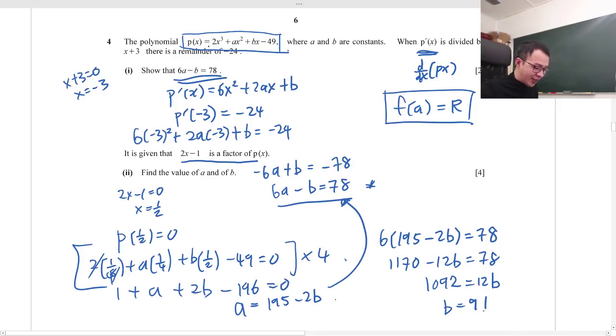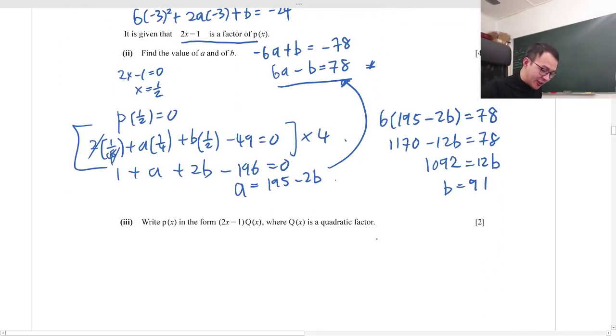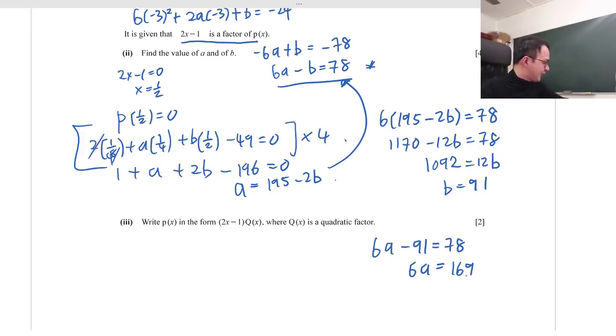Then 6a minus 91 equals 78, so 6a equals 169, and I get a weird number. It's 84 and 27.